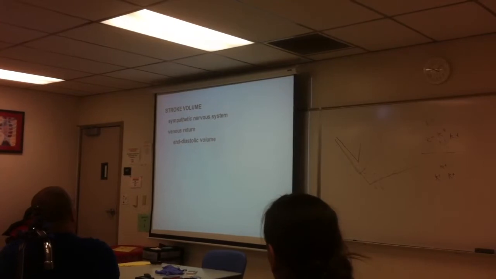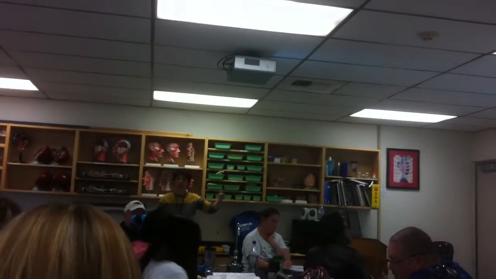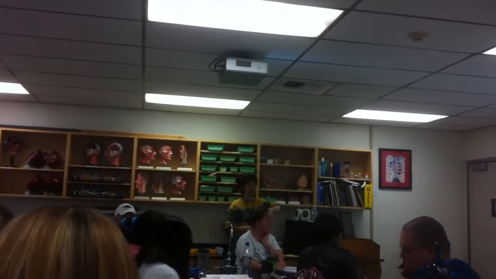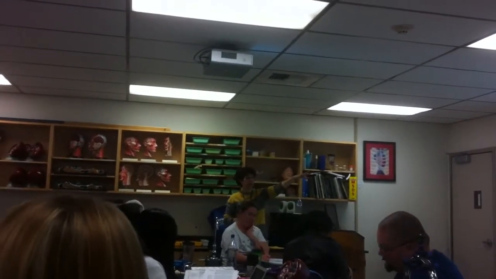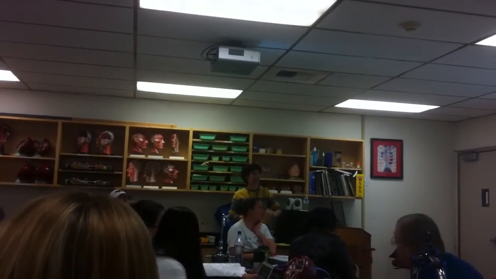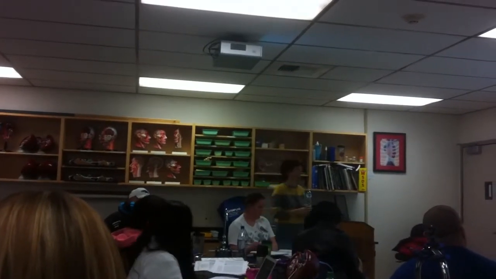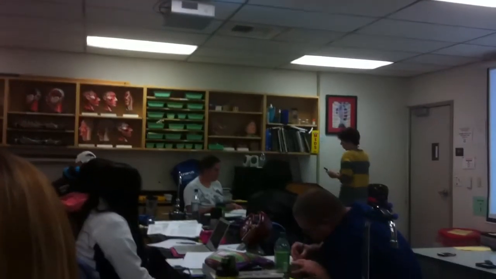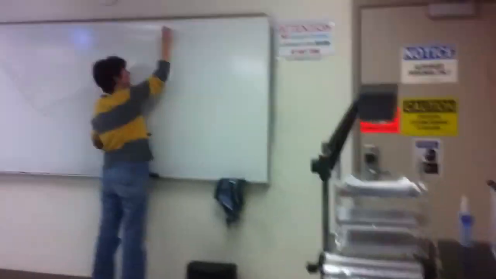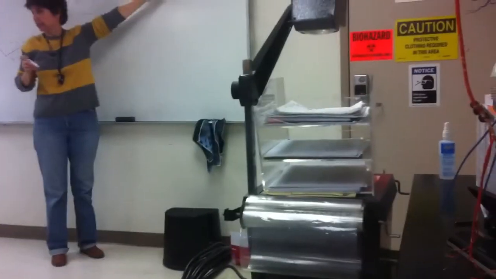All right, so stroke volume. Half of the cardiac output was heart rate. The other part of cardiac output is stroke volume. I'll just write on the board up here in the corner so that you remember. Cardiac output is equal to stroke volume times heart rate. And heart rate is regulated by sympathetic and parasympathetic.